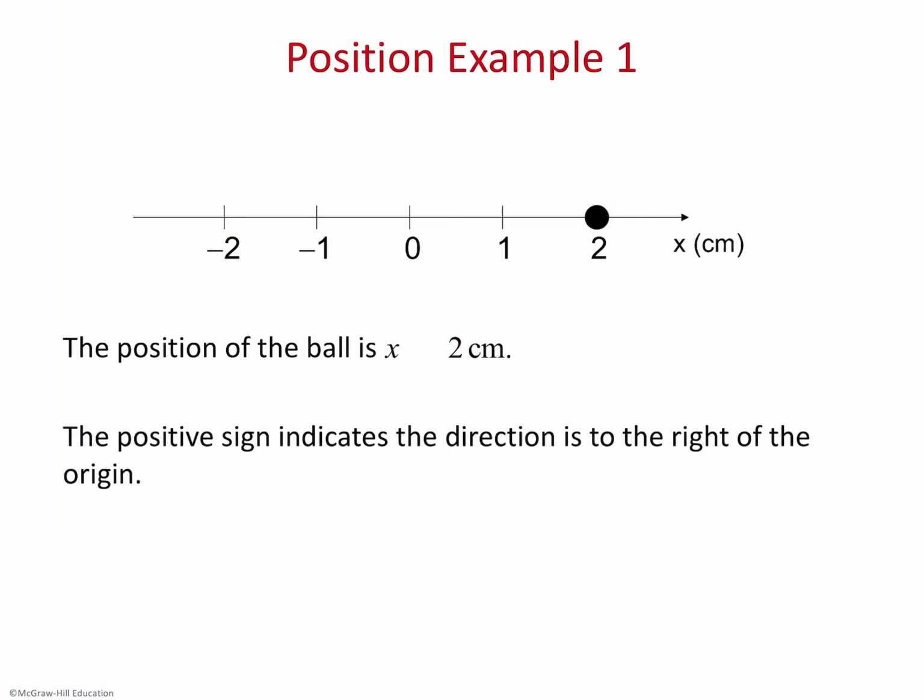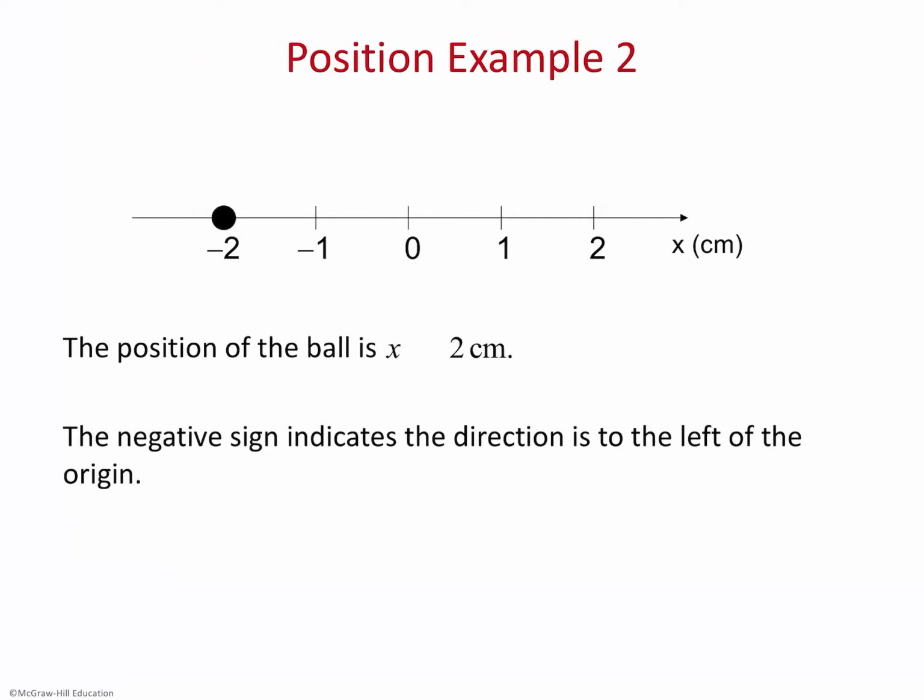In this particular example, it's showing us that the position of x is equal to plus 2 centimeters. Okay, and the positive sign indicates the direction, so that is very important at this point.